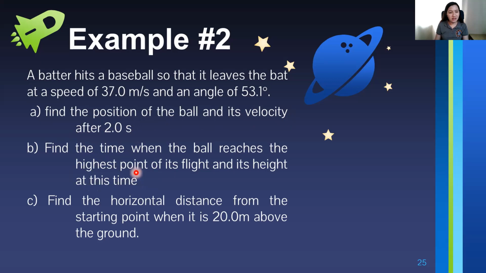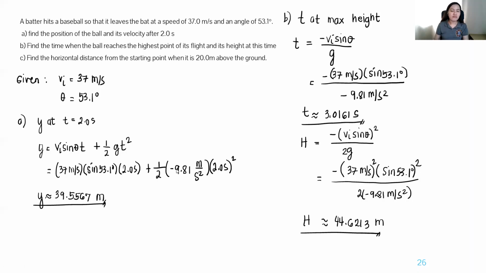So, the maximum height, and the time when it reaches that height. And then letter C, we are to find the horizontal distance from the starting point when it is 20 meters above the ground. So how much horizontal distance has it covered when the ball is 20 meters above the ground. So let's answer them one by one.